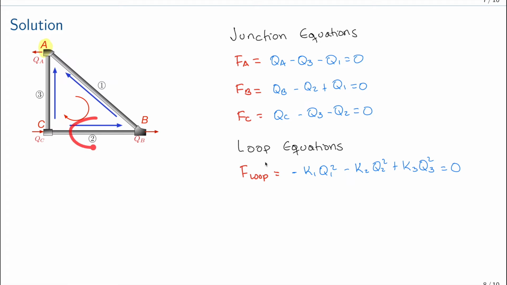In the second section we have again that the direction of the loop is opposite to the direction of the flow that we assume, so it is negative K2 multiplied by Q2 squared. And finally in the third pipe we have Q3, which is in the same direction as the loop, so it's positive, and the pipe constant K3 multiplied by Q3 squared, and again it should be equal to 0. So we have all the equations, one for each junction and one for the loop.